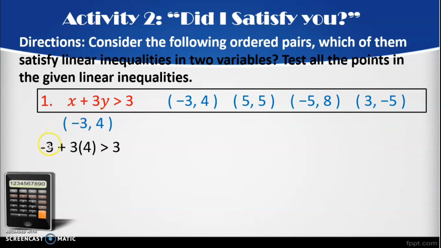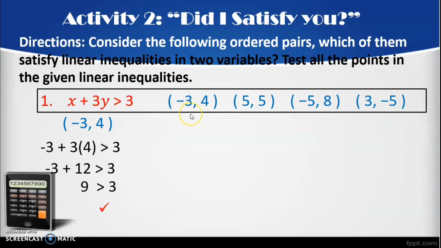So, x is negative 3 plus 3 times the value of y, which is 4, greater than 3. So, negative 3 plus positive 12 greater than 3. So, 9 is greater than 3, which is true. Meaning, negative 3 and 4 is a solution to the inequality x plus 3y greater than 3.